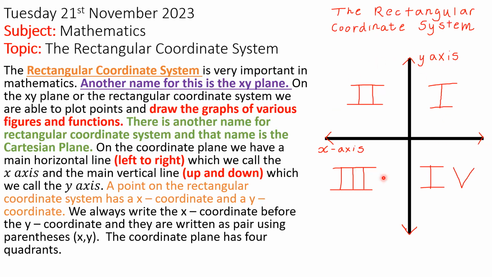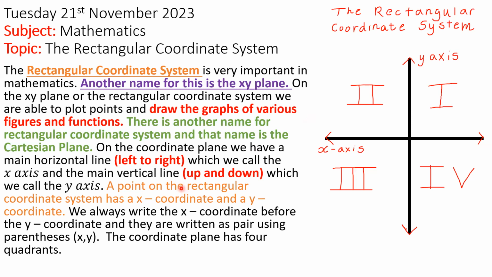We could use this to draw points, to plot points and to draw graphs. Now, the line that goes from left to right, we call that the x-axis. The line that goes up and down, that's the vertical line. We call that the y-axis.